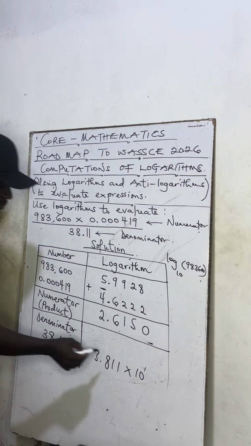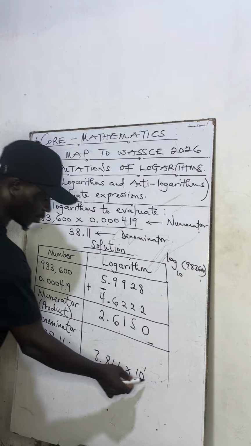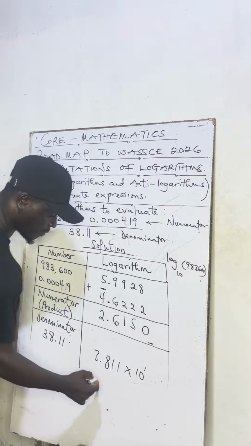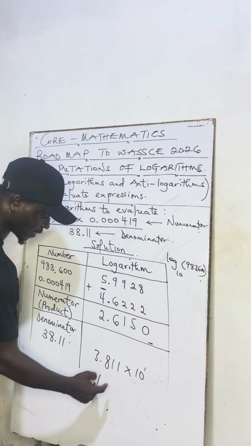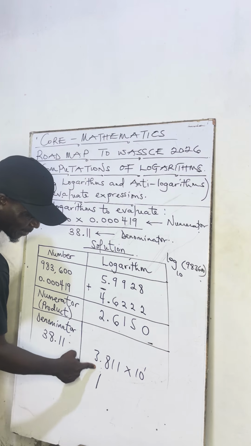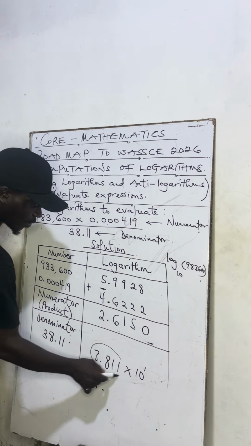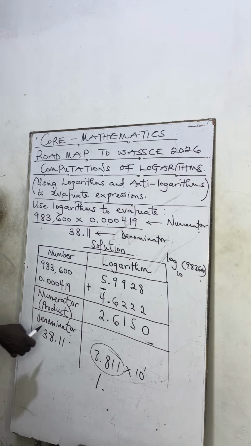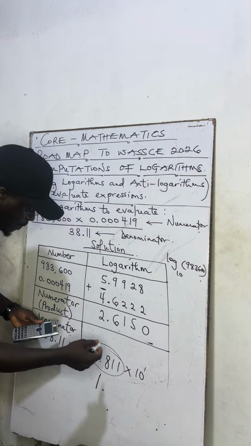Or better still, when you change it to standard form, you write the exponent first, which is 1, and it is positive. So 1 point, then you punch the whole of this on the calculator. You punch log of 3.811 and you get 0.5810.